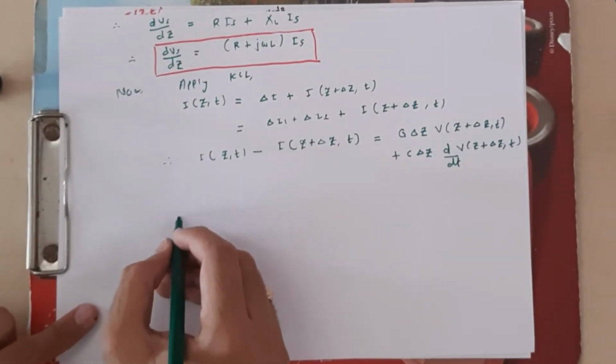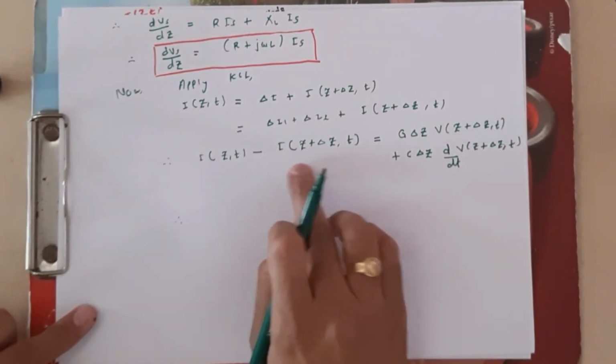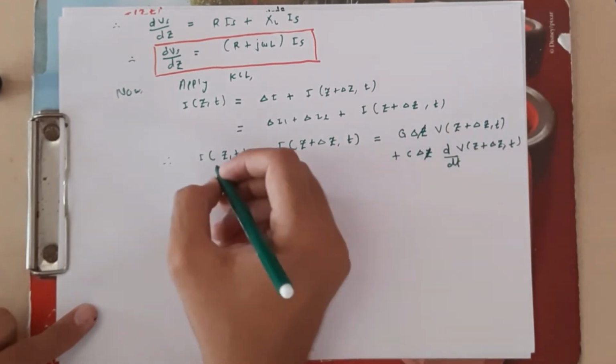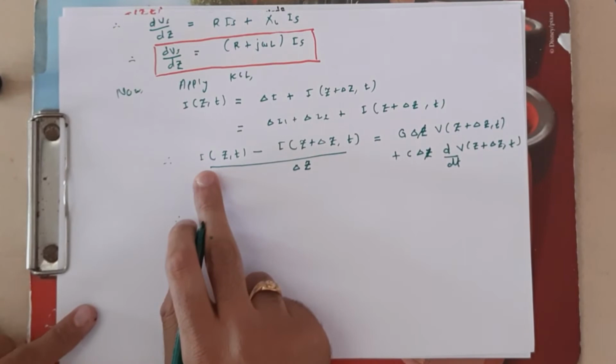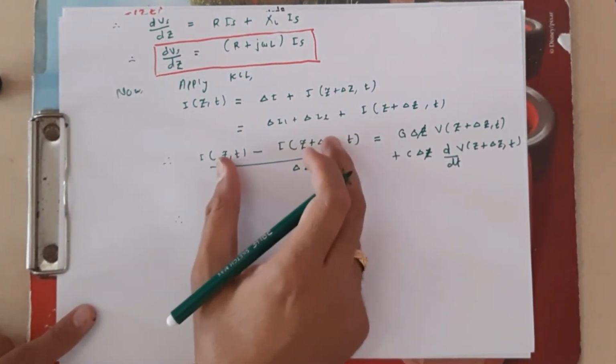So delta z I will take to the denominator side. Again it is I of z,t minus I of z plus delta z. So it's just a differentiation.